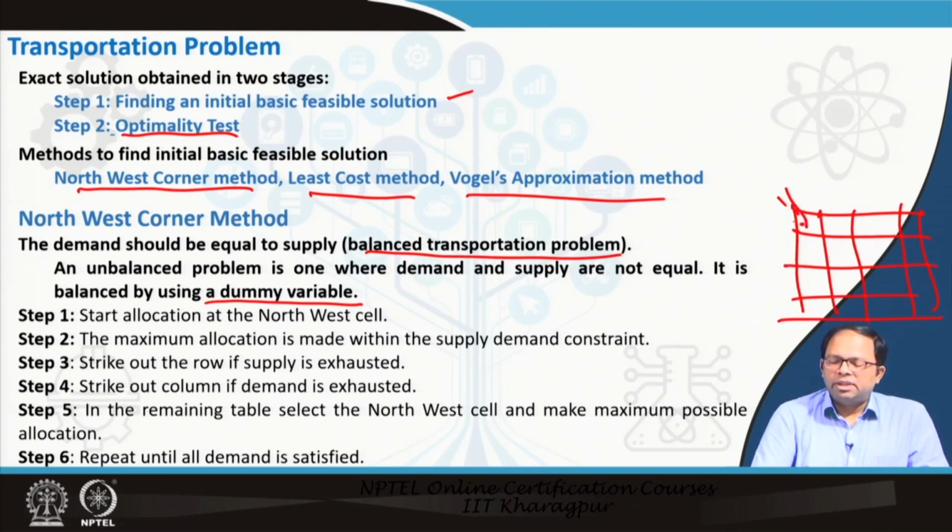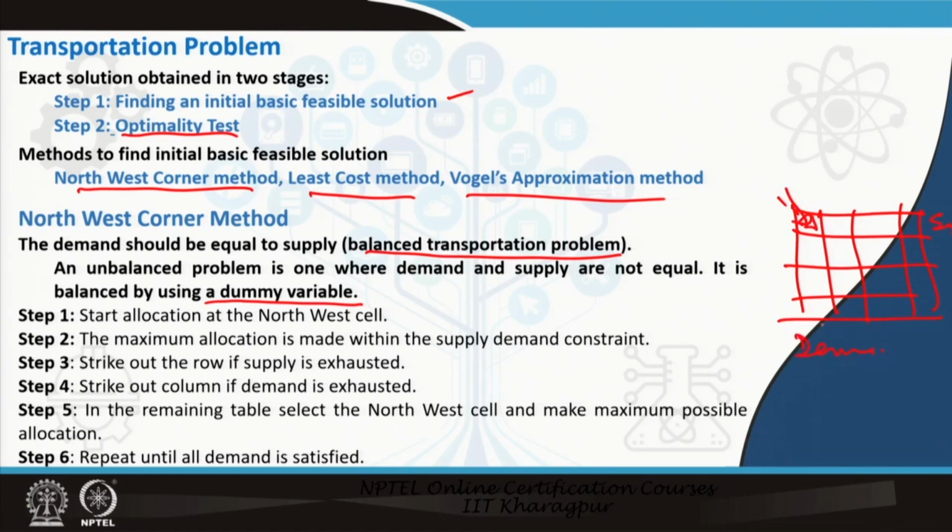This is where we will start, and one side is supply, another side is demand. So there is a supply constraint and a demand constraint. We will start allocating what amount of goods could be allocated over here, which would serve this particular supply, and also that amount of demand would be satisfied, and so much of the supply would be exhausted.